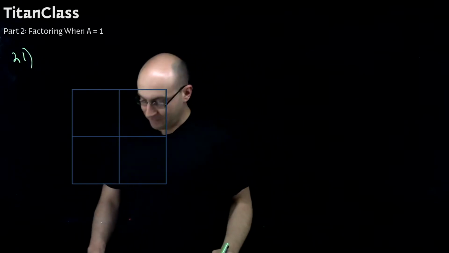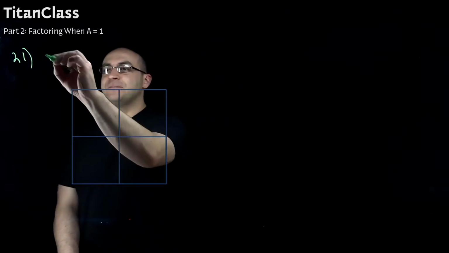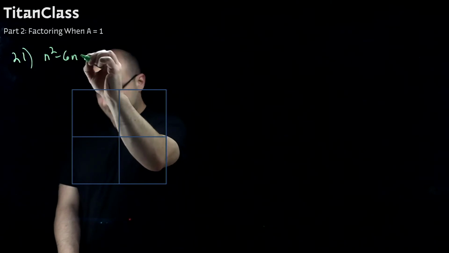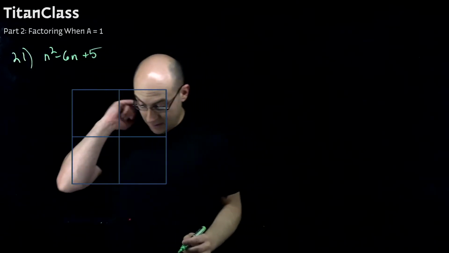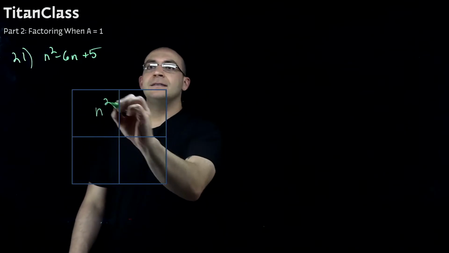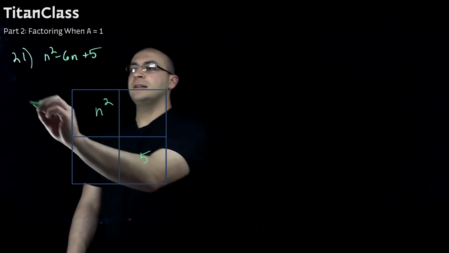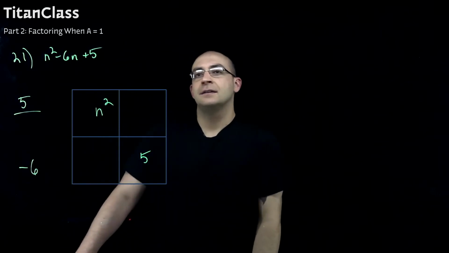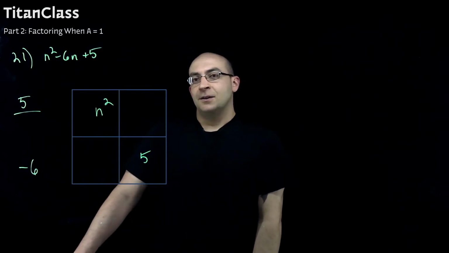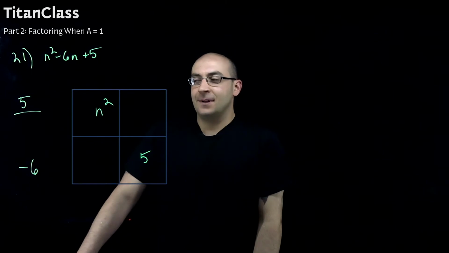Number 21. N squared minus 6n plus 5. Obviously, we're still using our area model. N squared, 5, 5 for negative 6. Ooh, this is a tough one. Why is it a tough one?